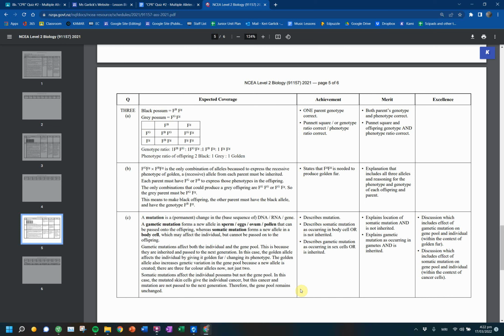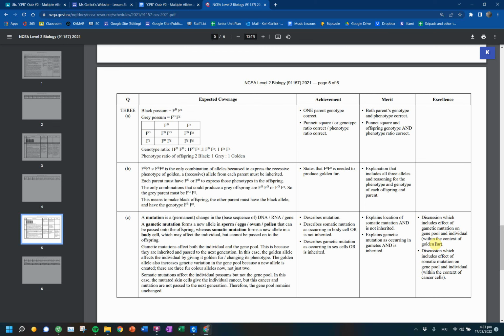Make sure you are tying it back to the question. You can see within the context of golden fur, and I've commented on some of the quizzes to state that you haven't tied it back to the question or to the parents. You want to be specific for the excellence level, because if you just give me the regurgitated, memorized explanations on mutations, you will only get so far.